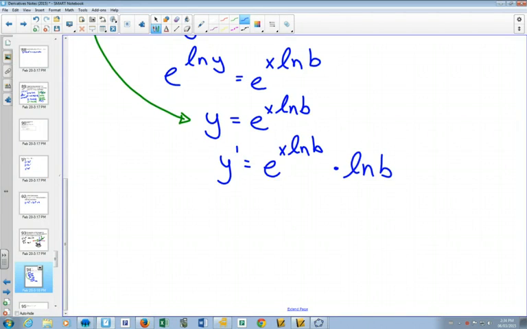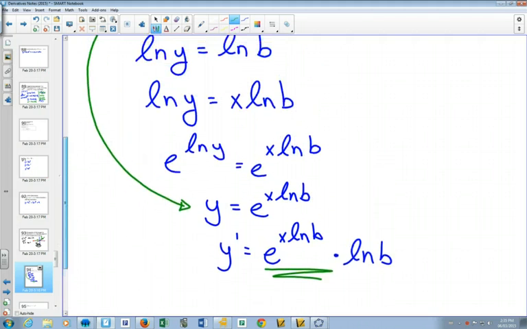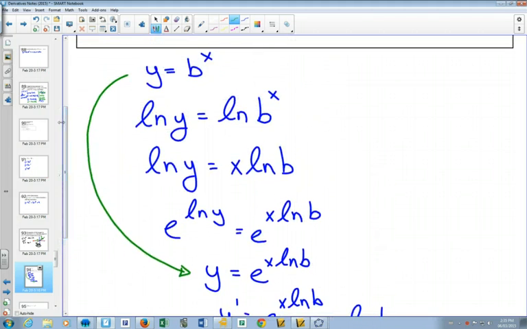And this part was equal to y, right? Which, if we take our green arrow back to the beginning, was just b to the x.